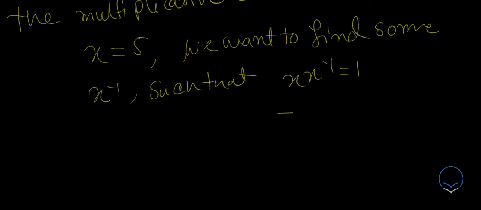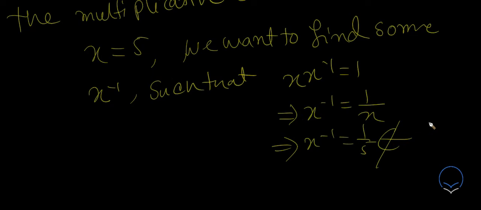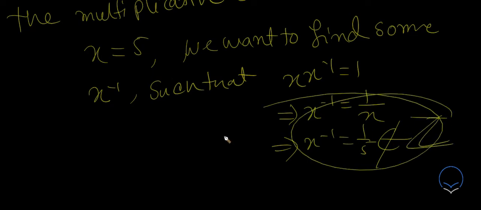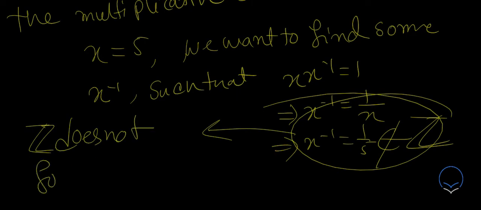The straightforward way to do it is just looking at this, though this is not correct from a mathematician's point of view. First of all, the inverse should exist, and you have to left multiply and so on, but let's just take it from a physicist's point of view. So this x inverse is 1 by 5, which does not belong to the integers. So this one counterexample is enough to prove that Z does not form a field.